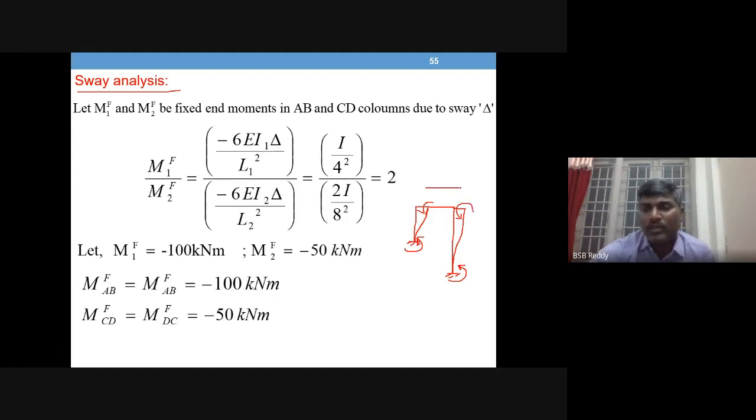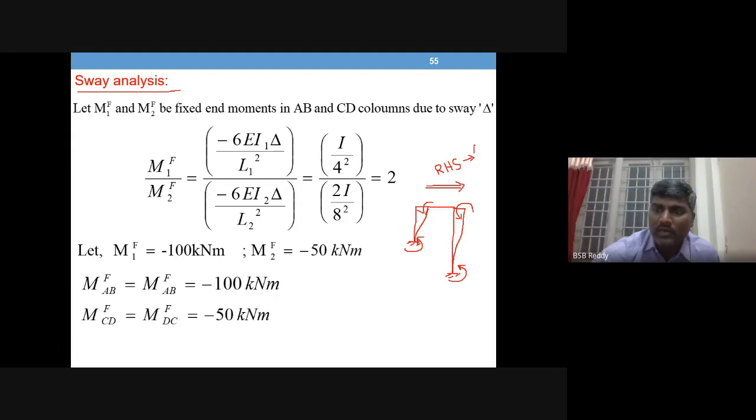Because of this sway towards the right-hand side, moments have developed in the anti-clockwise direction.